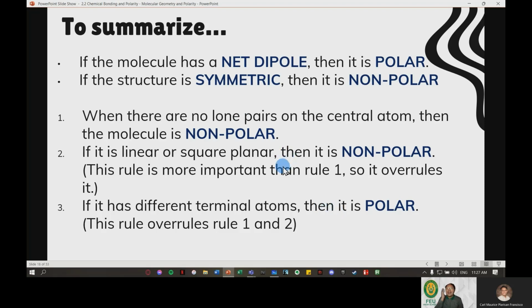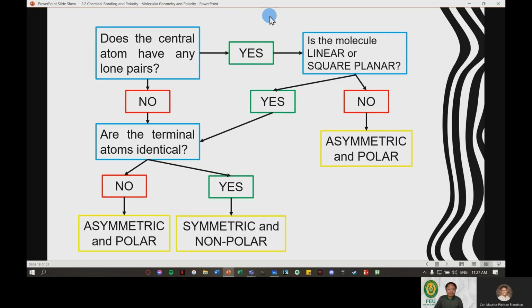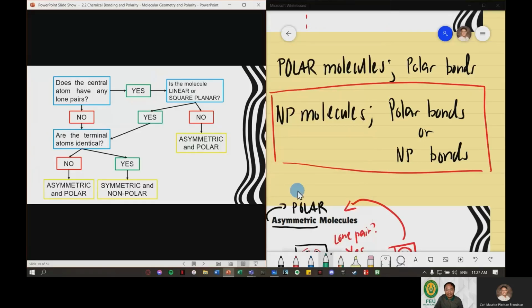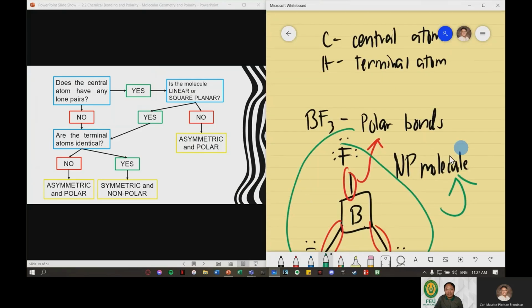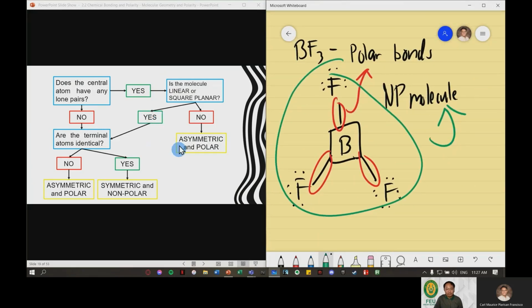Now, I understand that this is quite big, so let me give another conditional statement summary. This is very simple. This is just an additional descriptor. Check again. Does the central atom have any lone pair?